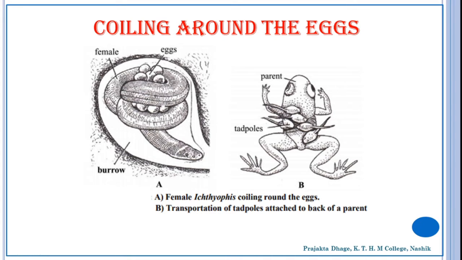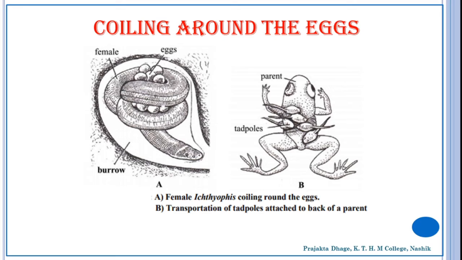What you can see here is that the tadpoles have hatched and now they are attached to the body of the adult frog. In some forms they attach to the female, in other forms they attach to the male adults. They attach by means of a sucker-like mouth, which acts like a sucker, firmly attaching to the body of the parent.